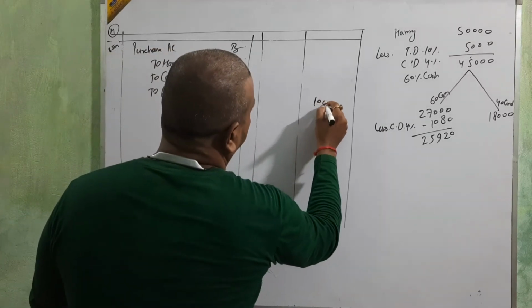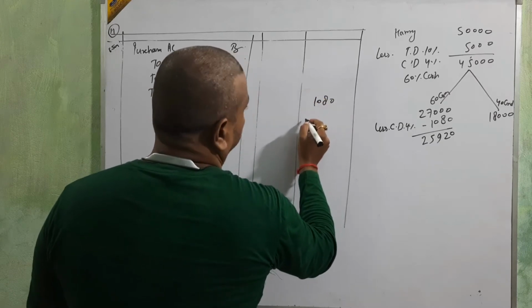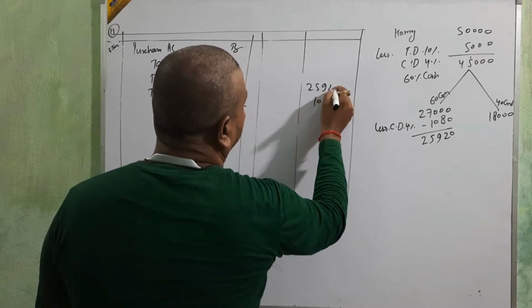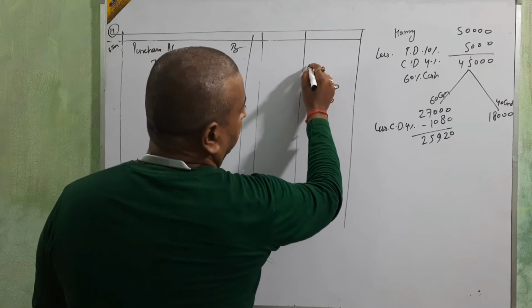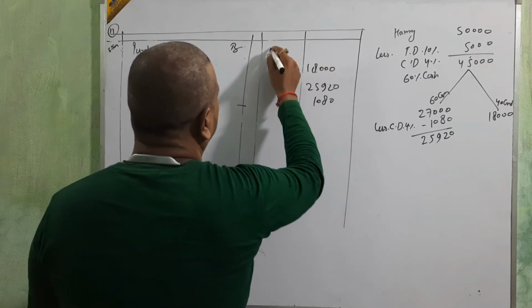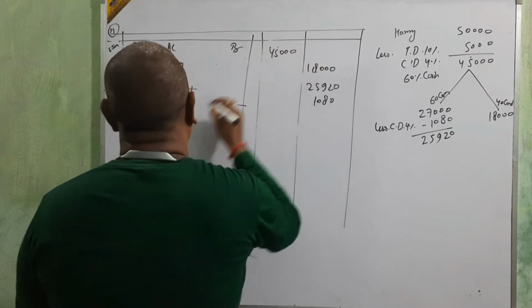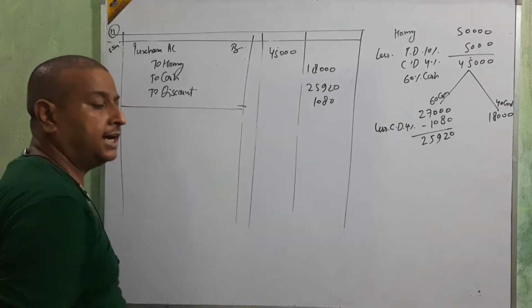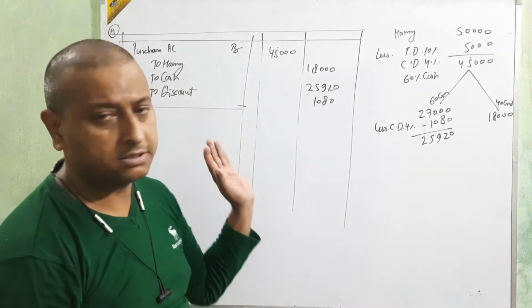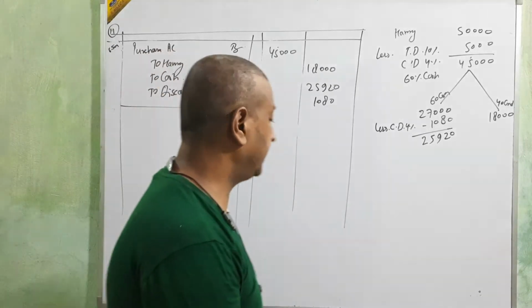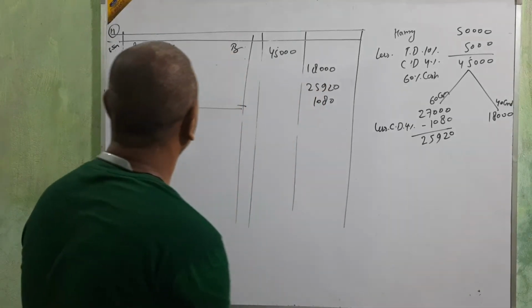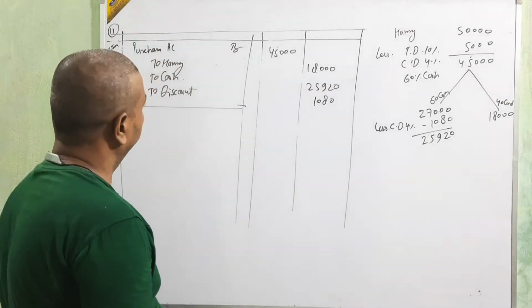In discount 1,080, in cash 25,920, in Henry 18,000, total 45,000. Okay? Clear? Clear or not? Clear hai beta? Okay, go for the next. 10% trade discount and 4% cash discount. Finished.